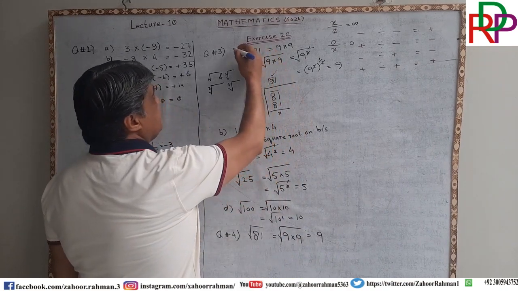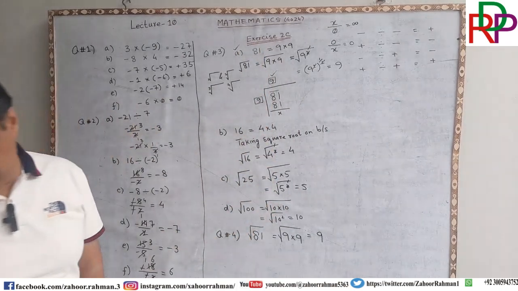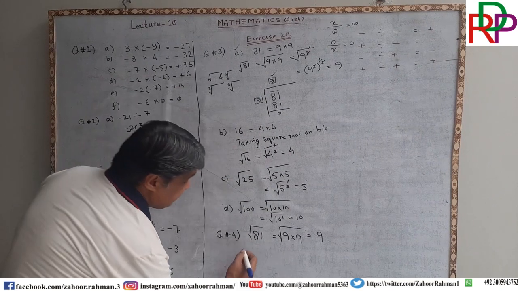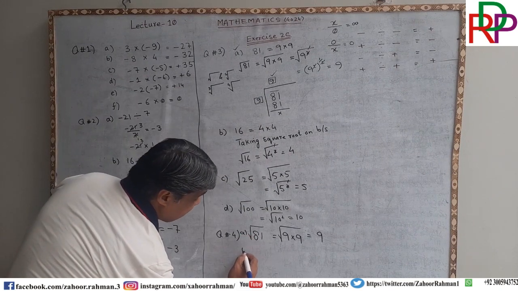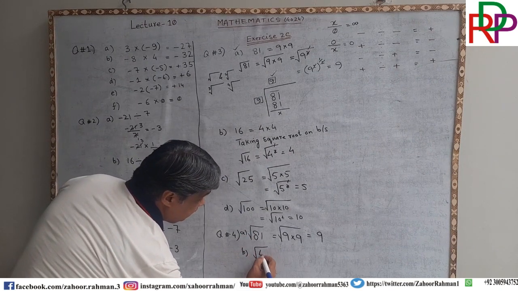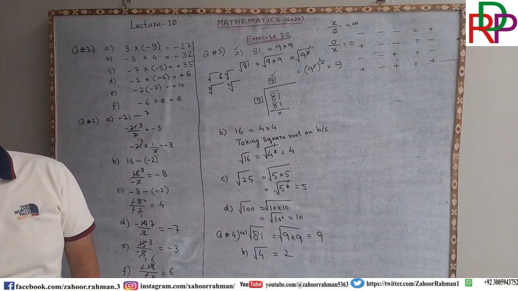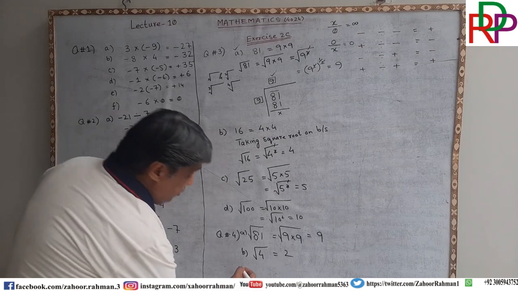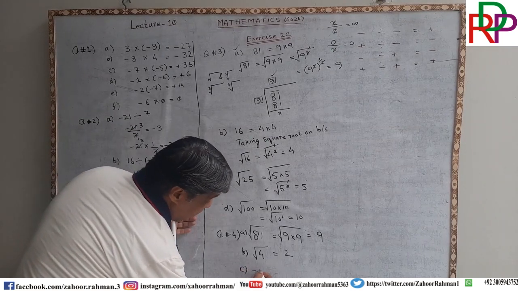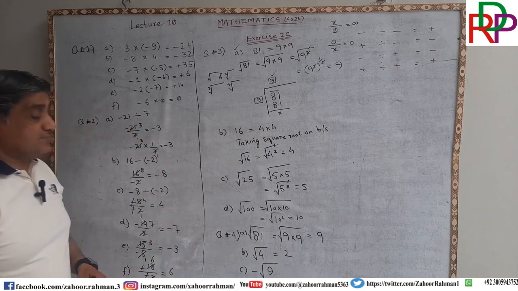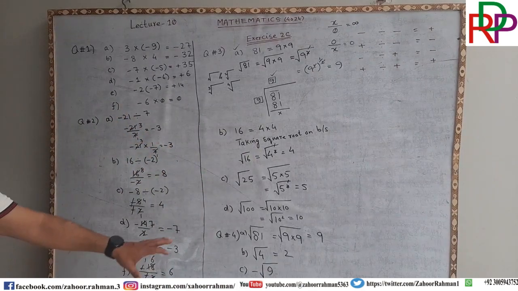And we also did this question here, so it is possible, and the answer is 9. The second part is saying that under the root 4, that is also possible, and that is 2. Okay, don't confuse yourself with this question.